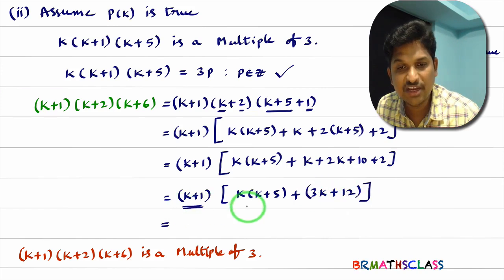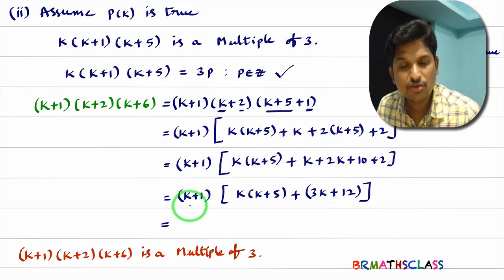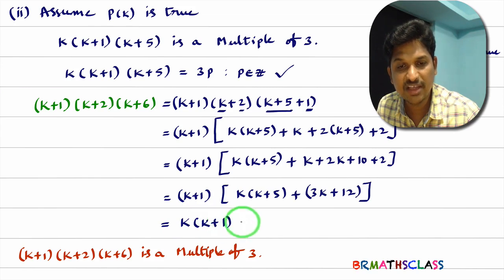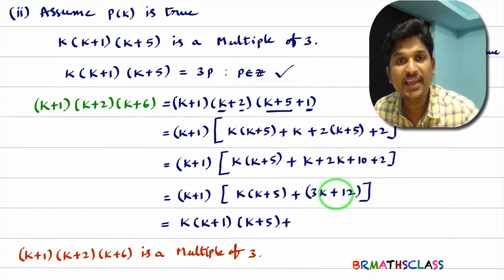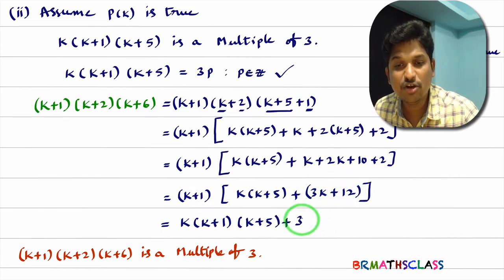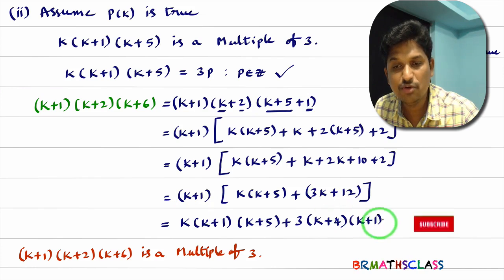k plus 1 into this term plus k plus 1 into this term. So when I multiply k plus 1 into this term, I will get like this: k into k plus 1 into k plus 5. Okay. Plus, you observe in this 3k plus 12, I can take 3 common. Take 3 common. Then what will you get here? 3 into k plus 4, when you multiply with k plus 1.